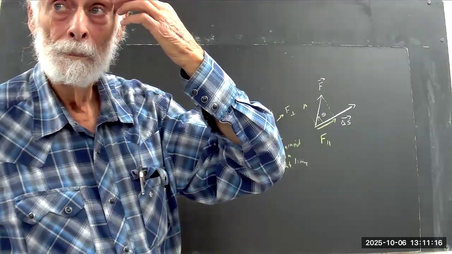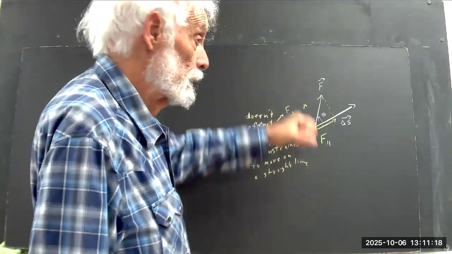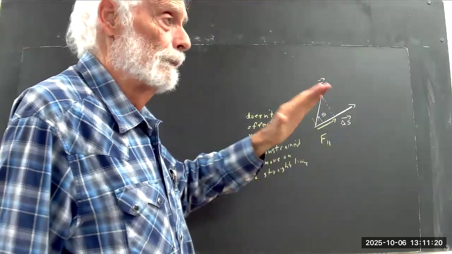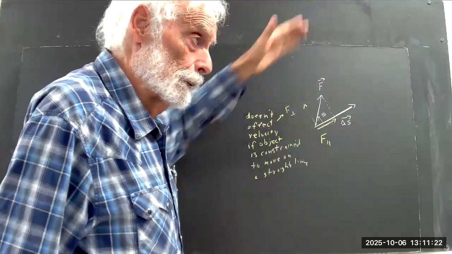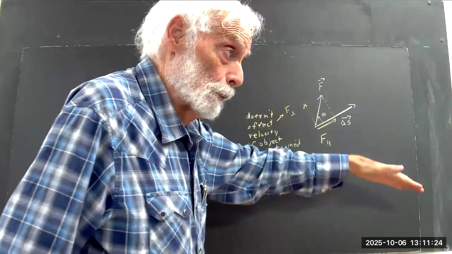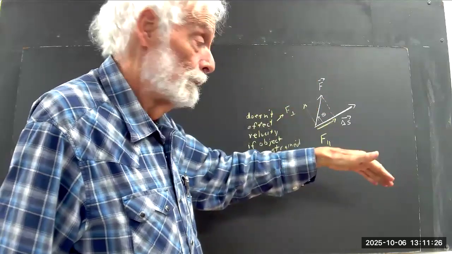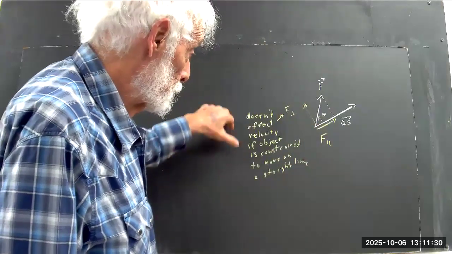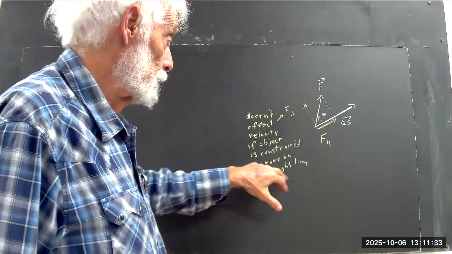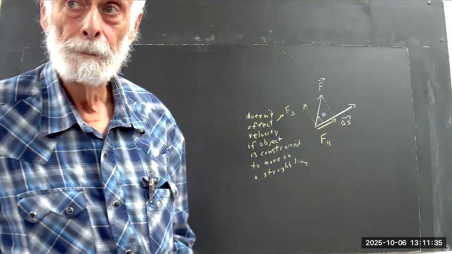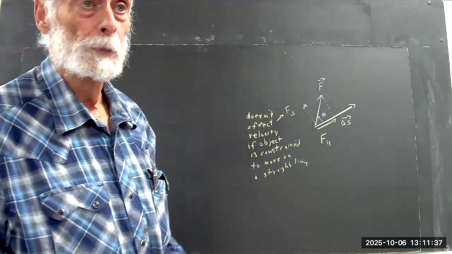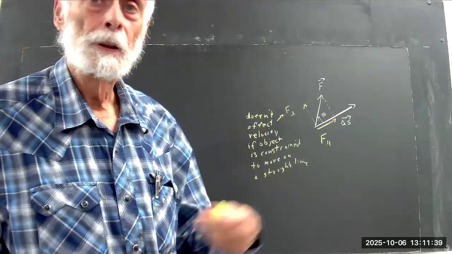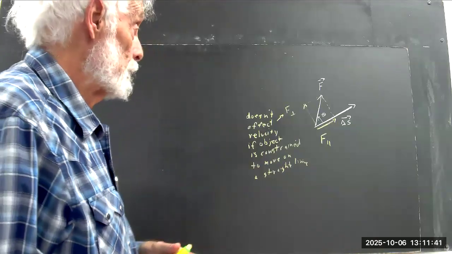If this force isn't big enough to pull it up off the plane, then the plane constrains it from moving downward relative to the plane. Then we would say the object is constrained to move along a straight line. And there are other situations; that's just one you can grasp because that's what we've been talking about.